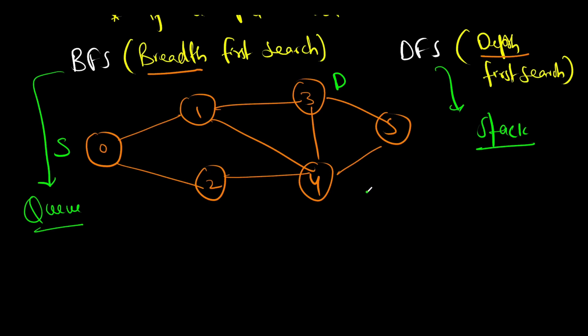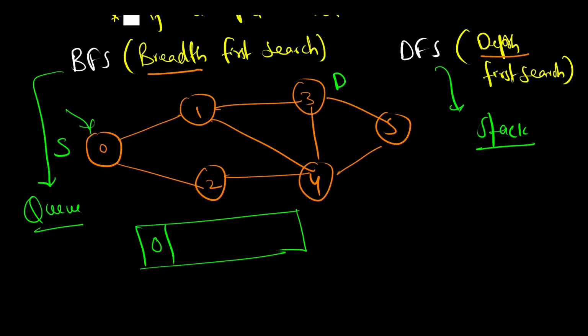I will tell you the algorithm in a while, but just understand the process first. So what we do in BFS, we basically start with the source. So just put this in Q, and once we have 0 here, or let me start it at the end. So this is Q. We have 0 here. So once you have got 0 or this particular vertex, just find out all its neighbors.